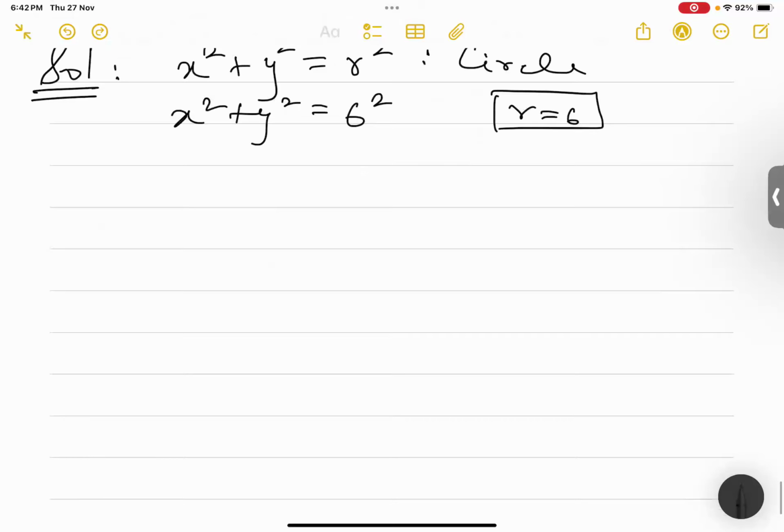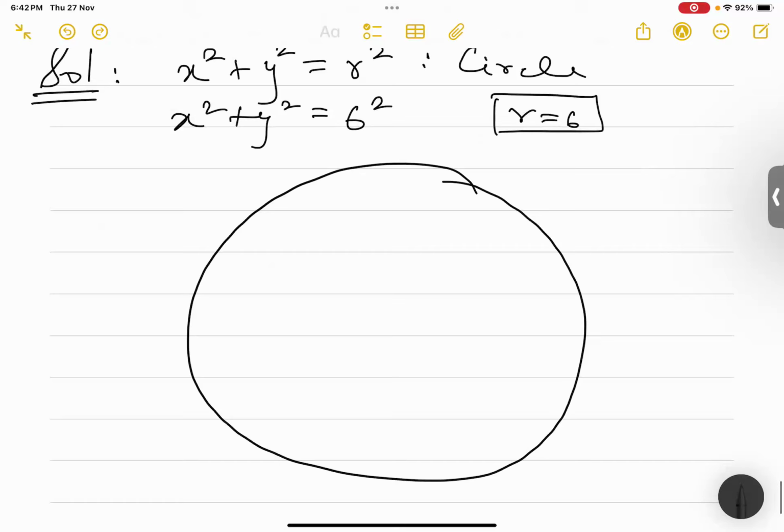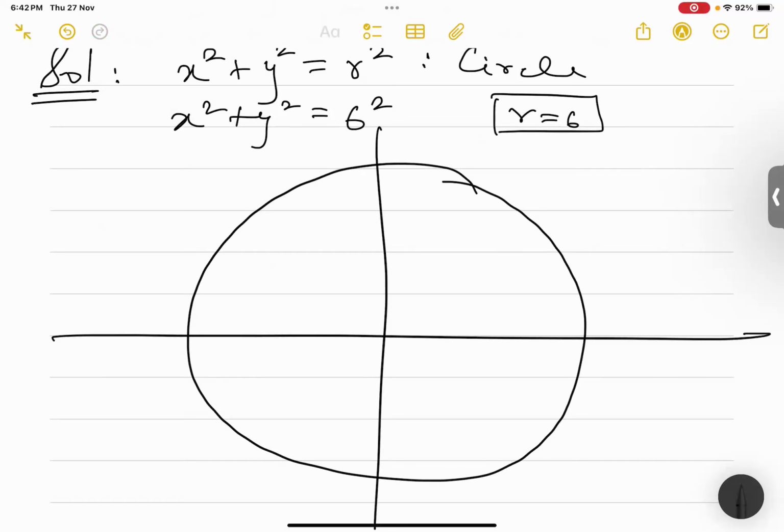Okay, so this radius is 6 over here. This is the origin. Can someone tell me what is this point? This is x-axis, this is y-axis.